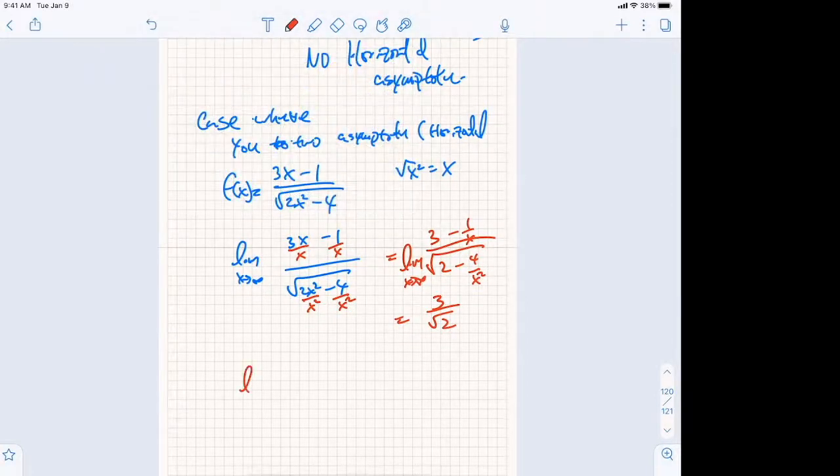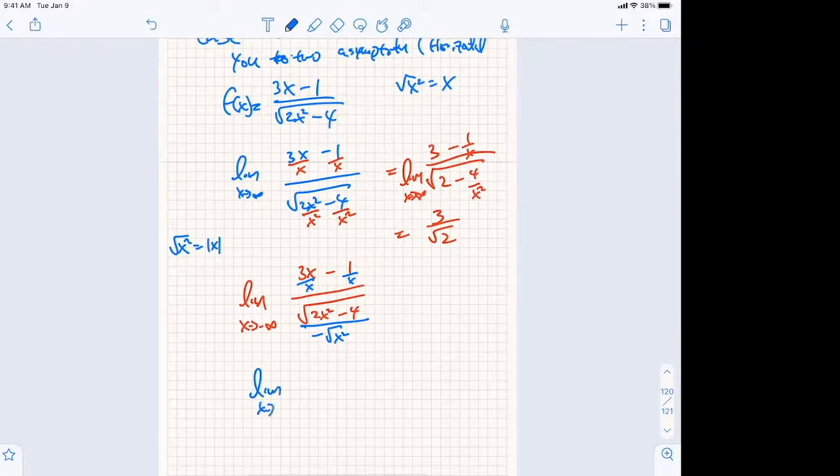So what happens if we reach negative infinity? I'll use a different color to show you. It's going to be 3x minus 1 over the square root of 2x squared minus 4. I'm going to divide by x. However, with negative x you have to be careful, because the square root of x squared is equal to the absolute value of x. So x is going to be negative on the left-hand side, and it'll be the negative square root of x squared.